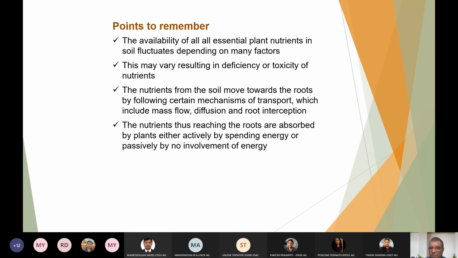If we know the mechanism, for example, phosphorus, we have seen it moves very little by diffusion. The distance of diffusion is very small. So in this case, we can go for placement of phosphorus near the roots. It should be kept near the roots because the diffusion rate is very low. So that way, this kind of knowledge can help in the management of the nutrients.